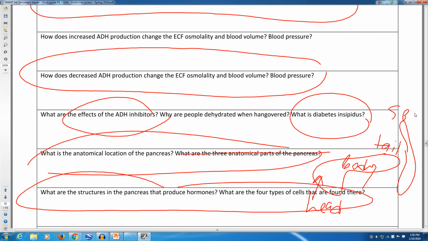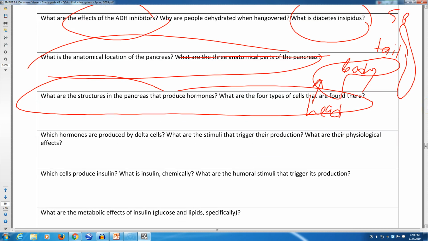Structures in the pancreas. Langerhans islets. Cells that you can find there: alpha, beta, delta, and PP cells. You need to know the functions of alpha, beta, and delta. That is it. Okay? Make sense?